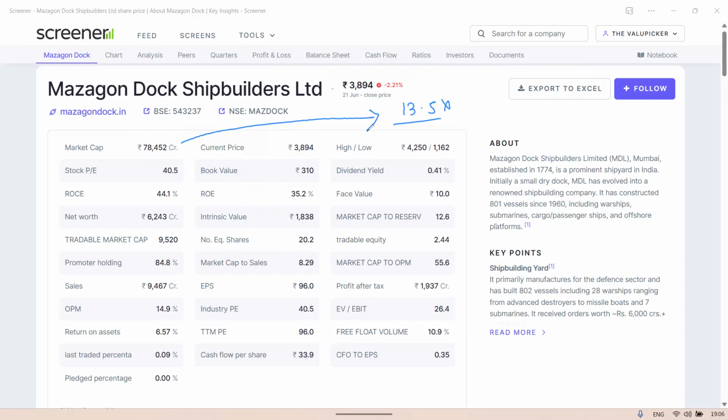Now look at what happened behind it, when I conveyed what the deal was for me. The deal was 78,000 crore divided by 13.5. If you do 78 divided by 13.5x, you will get 5,700 shares.